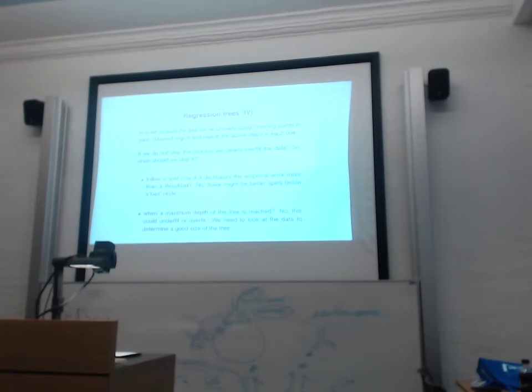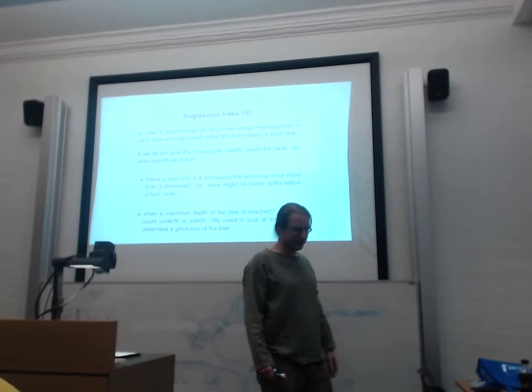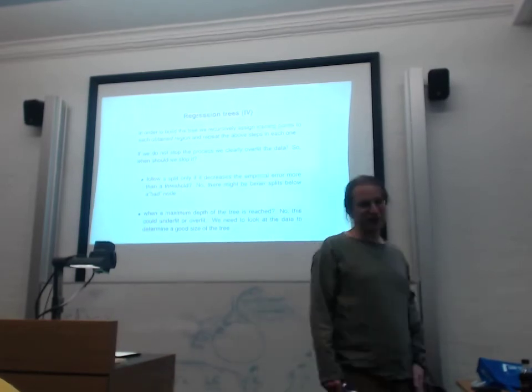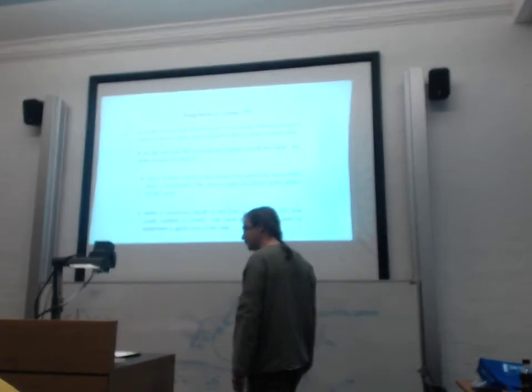Like if I have m data points, I'll only build a tree of a limited size. I only let the tree grow to a certain depth, or I stop splitting after the empirical error stops improving. These are all reasonable things that one could try, using cross-validation to come up with good splits.